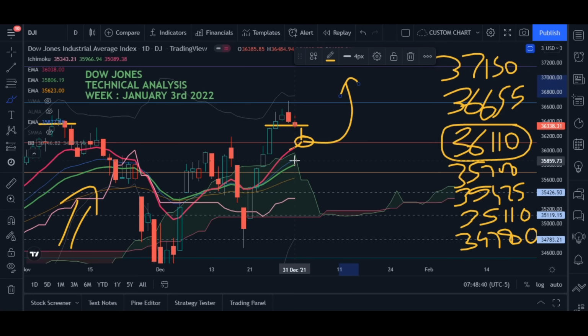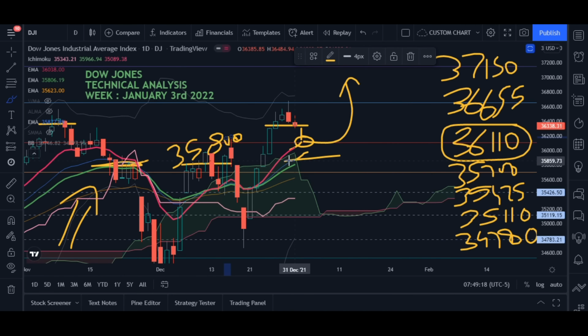The second case, we have this moving average. It will be somewhere around here. See, we have the previous range, then we have this range. So if the market breaches 36,110, it will come down to this level, which is around 35,875, or simply 35,800.